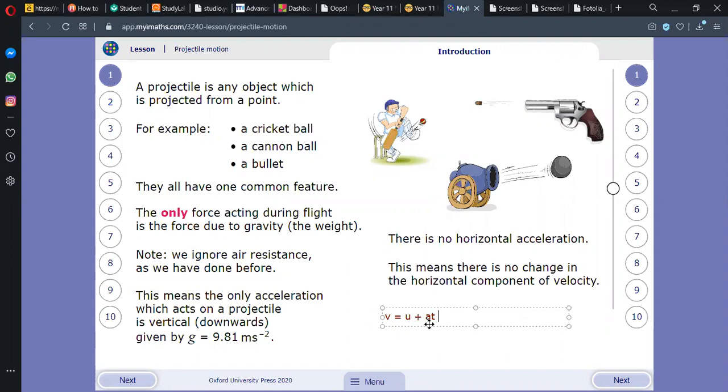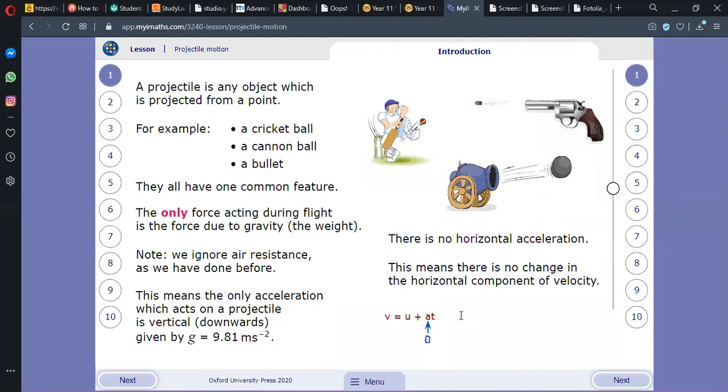So definitely, for the horizontal acceleration right here, based on what we are talking about, that acceleration is 0. That simply means that 0 times t becomes 0.